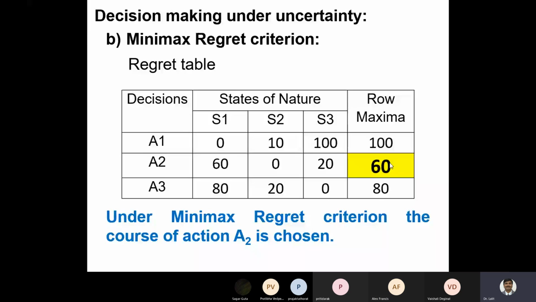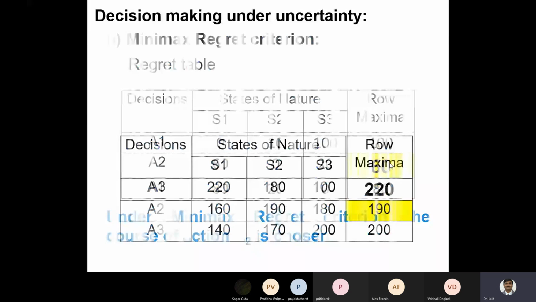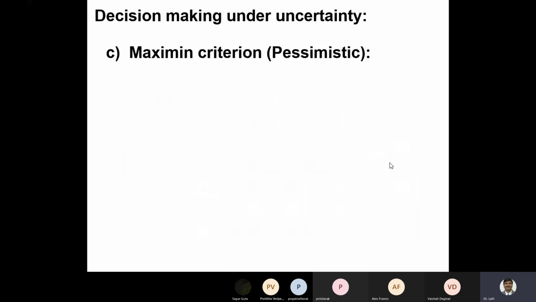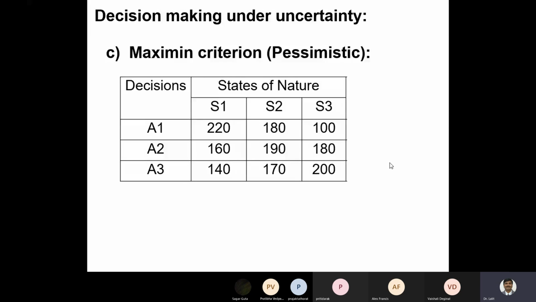So we'll move to the third criteria. It is the Maximin criteria. This criteria is usually adopted by a decision maker with a pessimistic approach. As the name indicates, the objective of this criteria is to maximize the minimum gain. The approach is pessimistic.